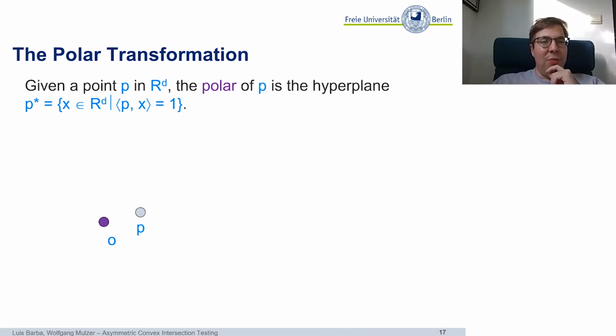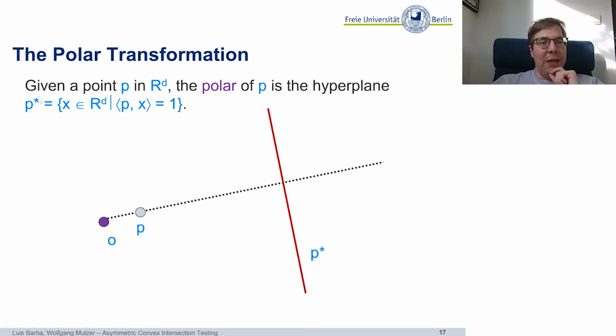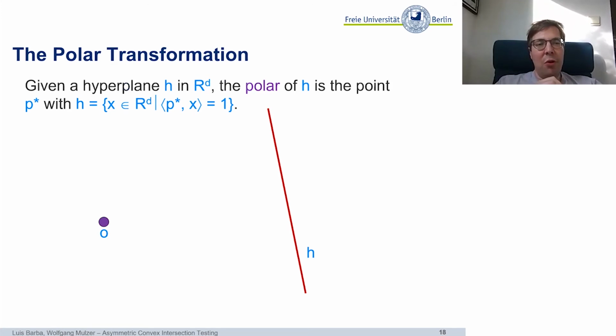So basically there's the origin, which is shown here in purple, and a point P. Now I can make a hyperplane out of this point according to this formula up here, which just says that I take all the points in the d-dimensional space whose dot product with P equals 1. This gives a hyperplane, and this is called the polar hyperplane to P. And vice versa, I can also go from hyperplanes to points by using exactly the same formula.